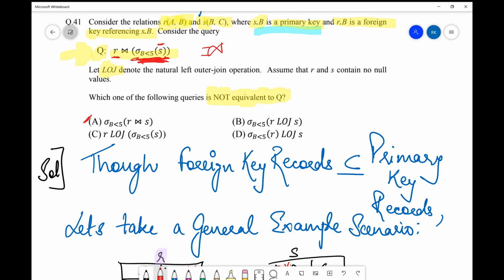But now let's consider this condition also, that foreign key records are a subset of primary key records.